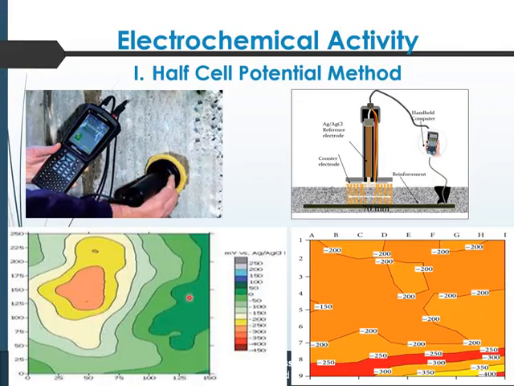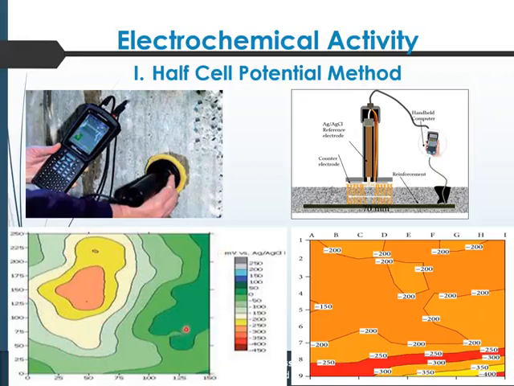Over the region area of investigation you plot the points and plot all the values, and after that a contour can be made. These are the equipotential lines. That means the half cell has given the same potential value.